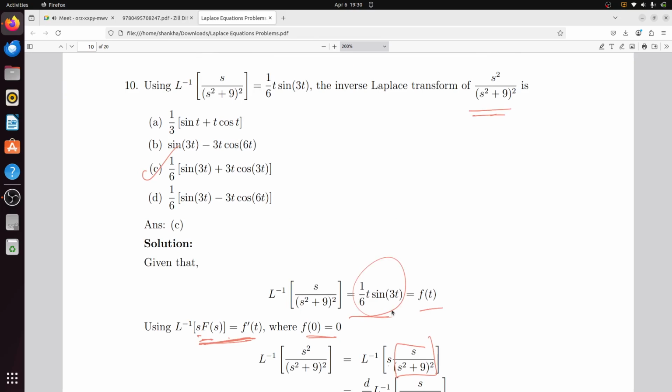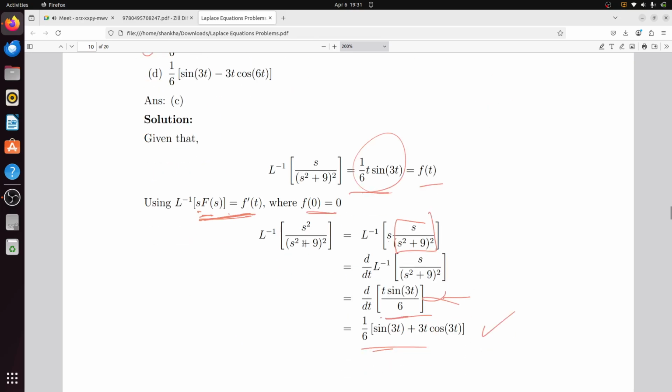Your f(0) is 0. Now the Laplace transformation of f prime t will be sF(s) minus f(0), that means 0. So this is nothing but sF(s), so s square by s square plus 9 whole square. So the Laplace inverse transformation of s square by s square plus 9 whole square is d/dt of the Laplace inverse of s by s square plus 9 whole square.